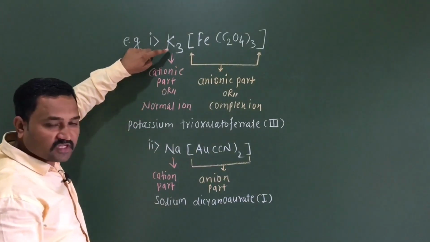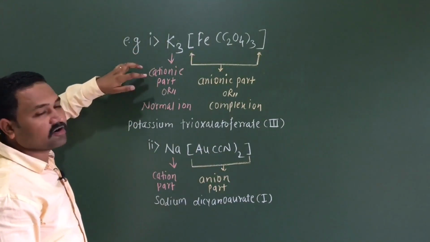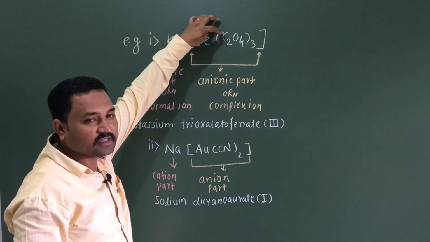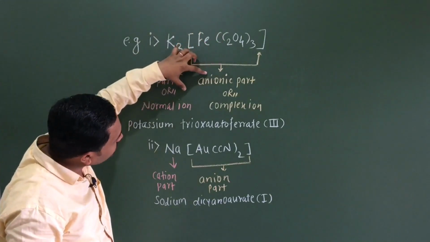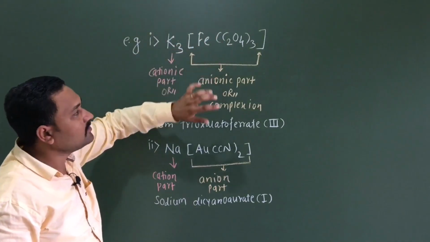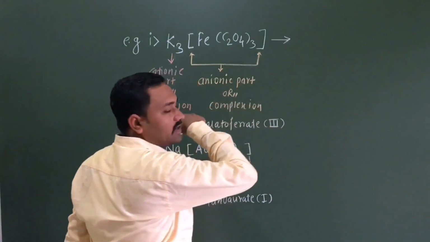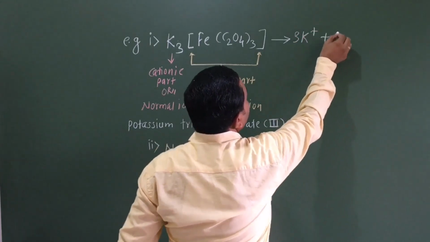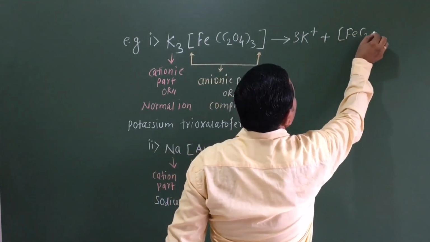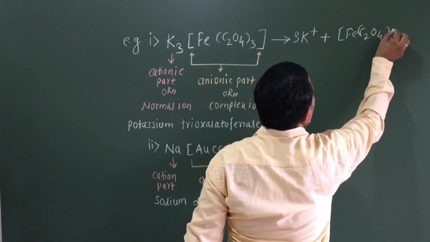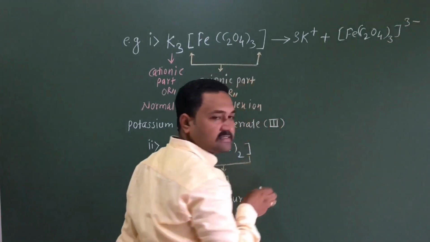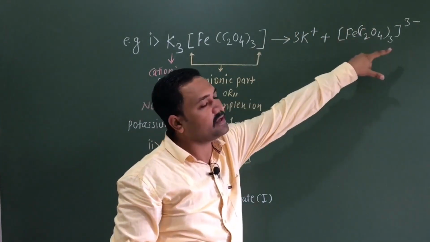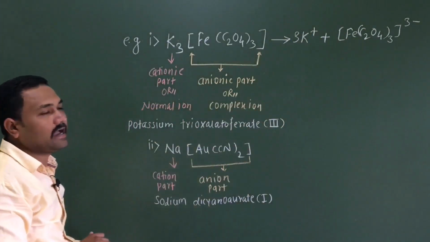This K3 is the cationic part, also known as the normal ion, and the central metal atom along with the ligands in the square bracket is the anionic part, the complex ion, because we know that when we ionize this coordination compound we will get K+ and the [Fe(C2O4)3]3- complex anion. So this is the cationic part, as it has a positive charge, and this whole complex ion has the negative charge, hence it is the anionic part.